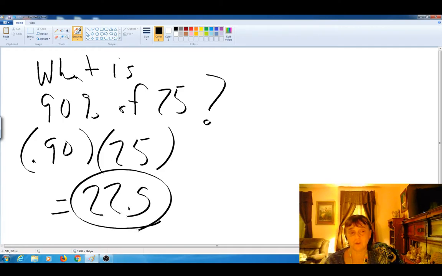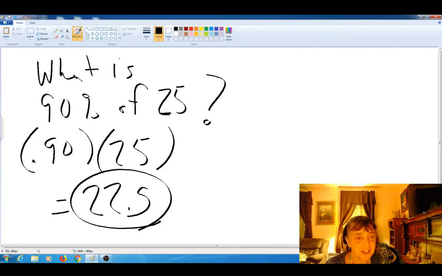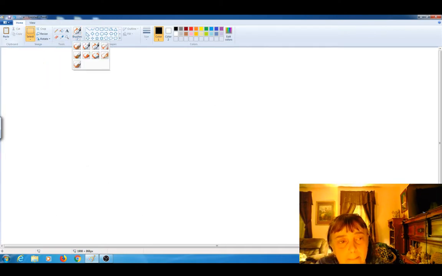So 90% of 25 is 22.5. Okay, so 100% of 25 is 25. 90% is going to be close to 100% because 90 is almost 100. So you should get close to 25 as your answer. So you should really think about your answer.